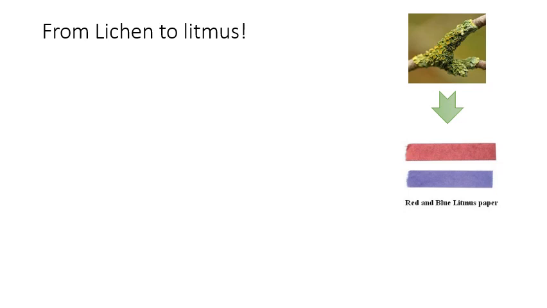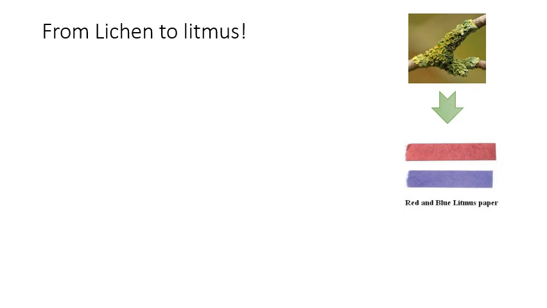Now if you see in the picture, you can see two different colors of litmus paper. One is red litmus paper and the other is blue litmus paper. Both these litmus papers are created from a dye which is extracted from lichens. Like I said earlier, lichen is an environmental indicator.